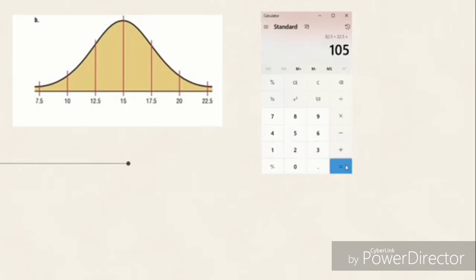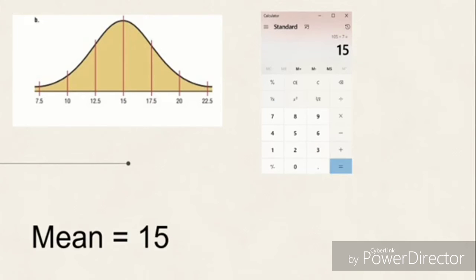And the answer is 105. So let's divide it by 7. 105 divided by 7 is 15. So our mean here is 15.